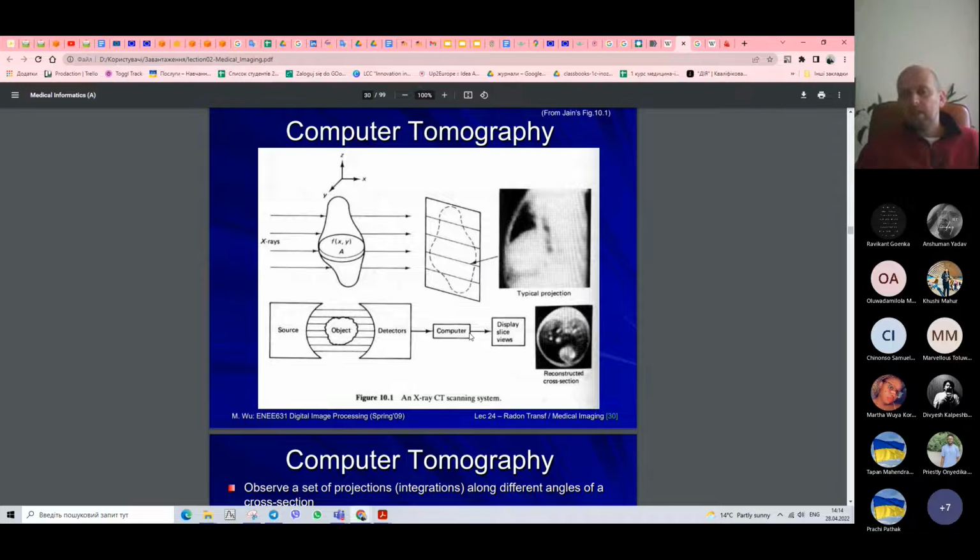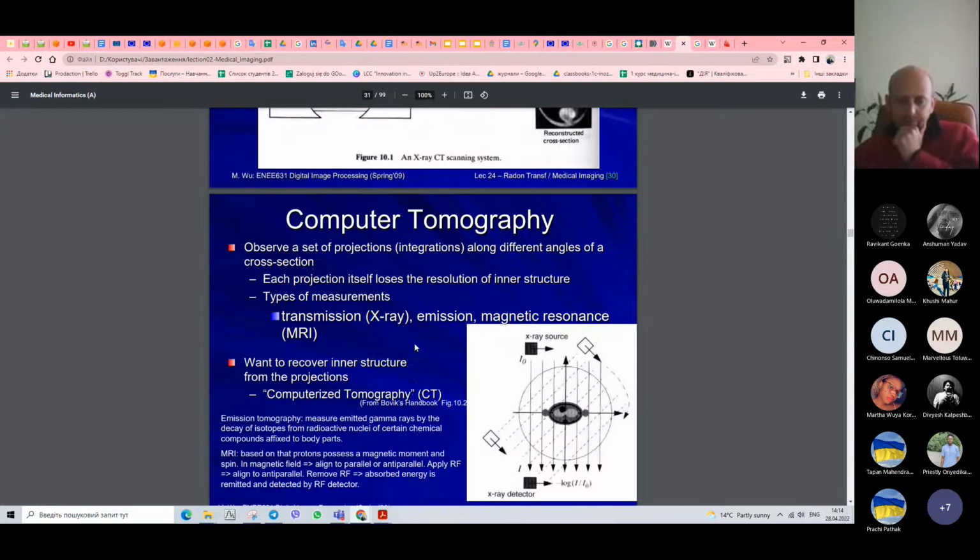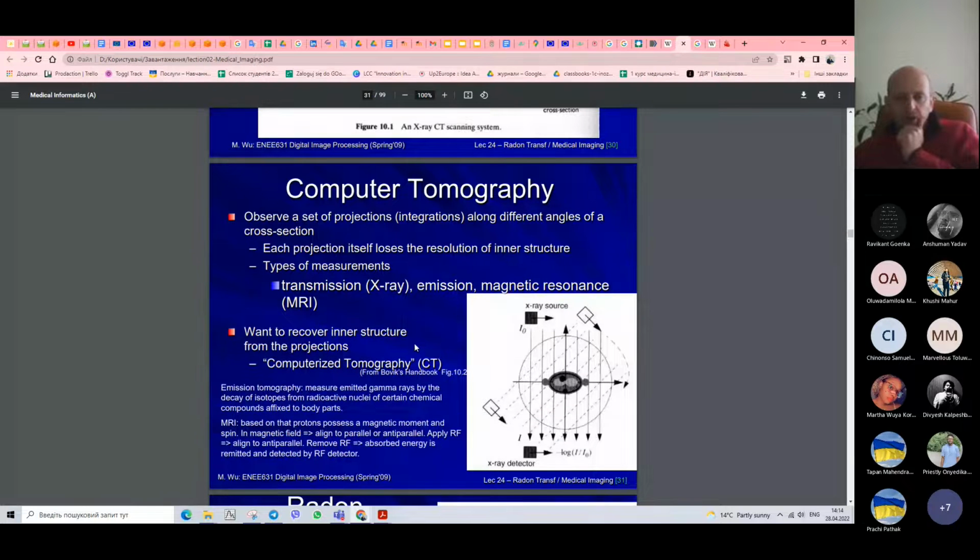The computer displays slice views, a reconstruction of the cross-section. Computer tomography observes a set of projection integrations along different angles of a cross-section.